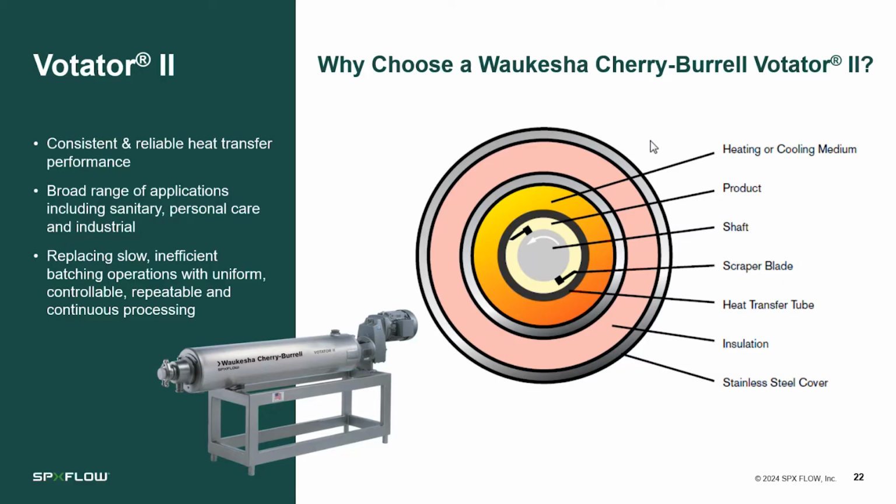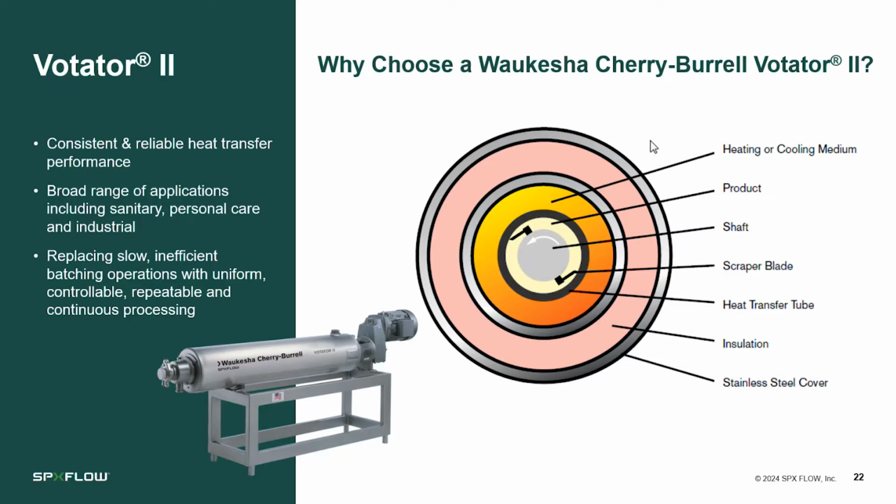So we can not only do a lot of the sanitary products, but we can get into the personal care and the industrial product as well. And so this is very adaptable. I'd say that's a very good term, maybe adaptable to so many different applications and so many different processes that we talked about earlier. So it would be replacing, say, slow and inefficient types of batching operations.